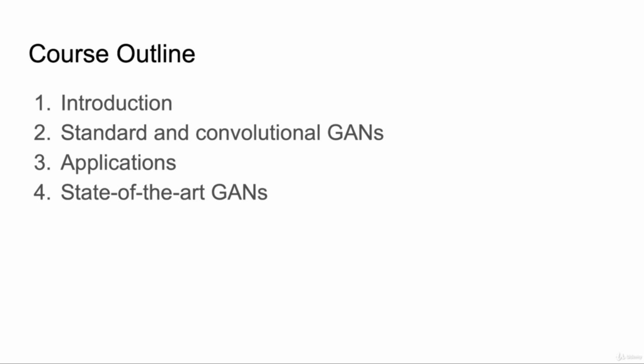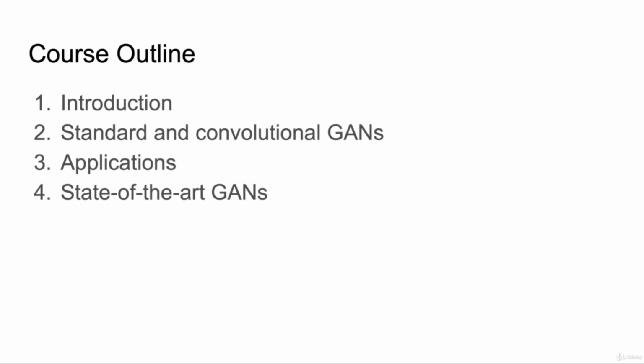So after the second module, you will be able to generate realistic photos of people of size 64 by 64. After the third module, you will know a lot of applications of generative adversarial networks like image translation, image inpainting, image super resolution, and many others.